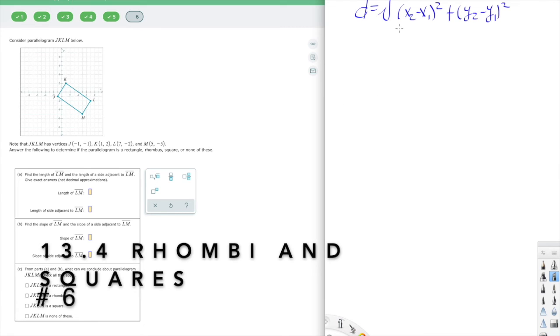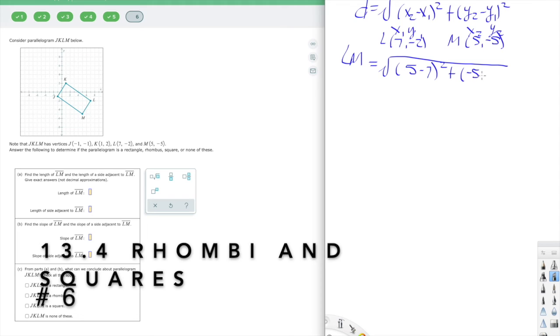All right, so we're going to go LM. L is 7, negative 2. M is 5, negative 5. Remember it's x1, y1, x2, y2, and this just means point 1, point 2. So I have 5 minus 7 squared plus negative 5 minus negative 2 squared.